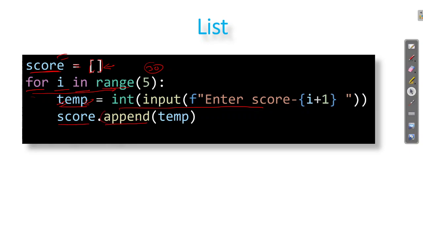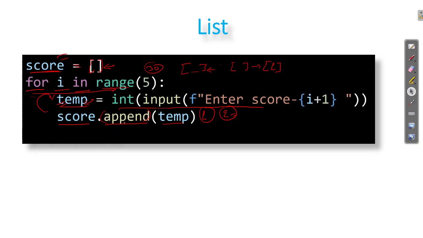What append does is add to the end of the list. Suppose you have the list empty and the user has provided the first score as 1. It will check this is the list, add 1 to its end, so 1 will be added. Then the loop comes around for the second time. Suppose the user provides 2 as the score for the second team.